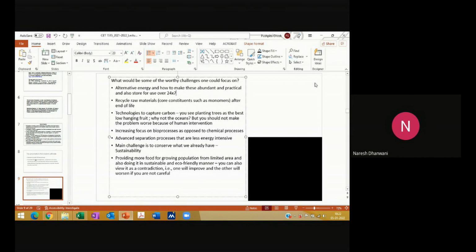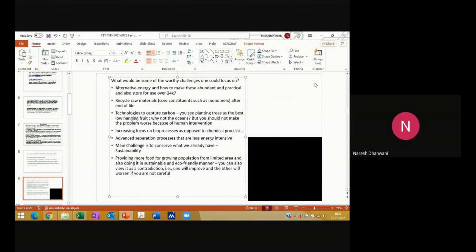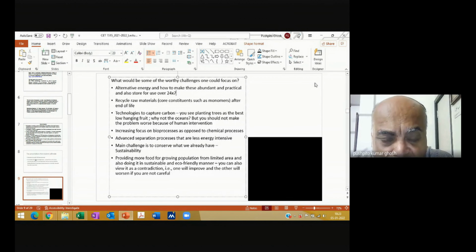Because the renewable sources cannot produce 24/7. Solar energy is available for limited time. I think that's what you mean, isn't it? Yes. Okay, so we'll put it there. And instead of putting it as a separate point, let all energy related things come together.